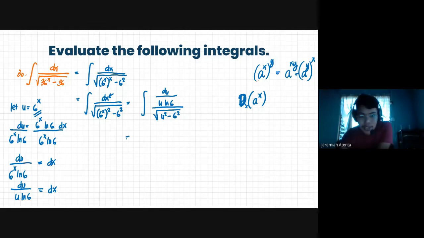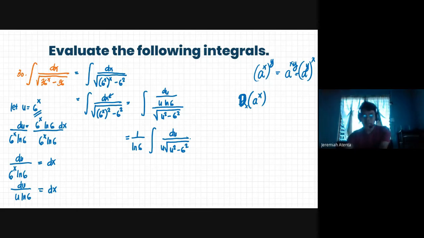Okay? Simplifying, this will now be equal to, pwede natin ilabas si ln 6 because this is a numerical coefficient, 1 over ln 6. So we have 1 over ln 6 integral of du over, we can rewrite this as u square root of u squared minus 6 squared.